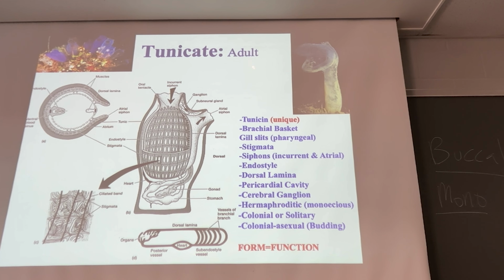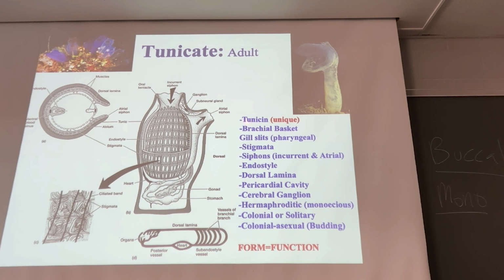Okay, I think I covered everything except for this right here. All right, so tunicin is a unique molecule found in the outer skin of all sea tunicates, and where its name comes from.